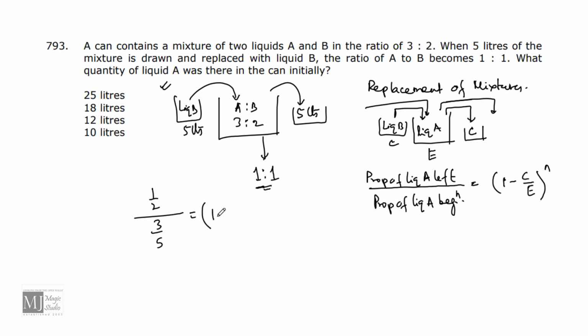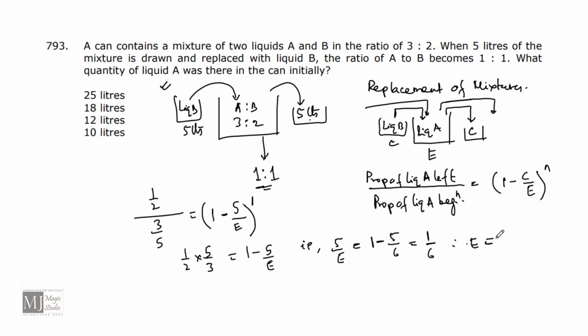That equals 1 minus C by E, where C is the small container size, that is 5, and E is the big container size, which is not known. How many times have we done this? Only once. So we have 1 by 2 into 5 by 3 equals 1 minus 5 by E, so 5 by E equals 1 minus 5 by 6, that is 1 by 6.